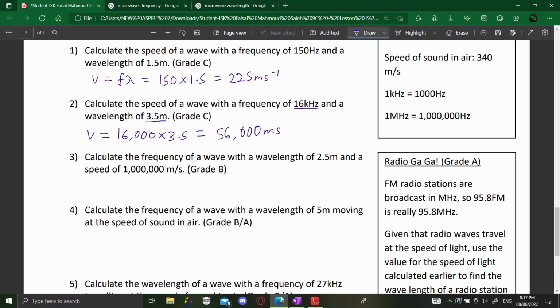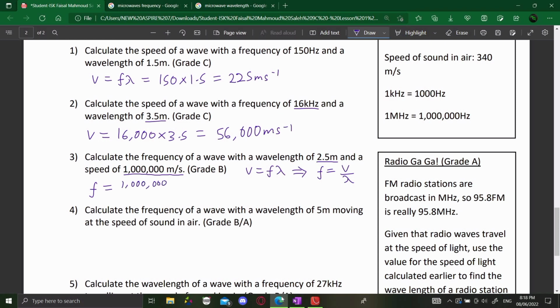56,000 meters per second. This time we're going to solve for the frequency. So we know that v is equal to f lambda, which means that the frequency is just going to be the wave speed divided by its wavelength. So our wavelength is 2.5 meters, and we're given a speed of 1 million meters per second. So the frequency is going to be a million divided by 2.5.